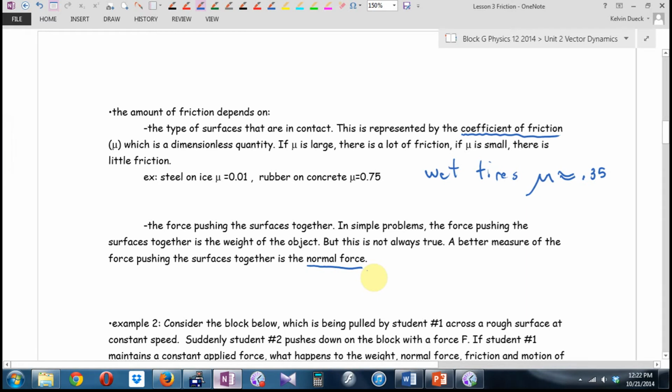And this gave us our equation from last year. This is the second equation in this unit on your yellow sheet. The first one was F net equals ma. The second one is friction equals mu times the normal force, times how hard the ground has to push up against me.